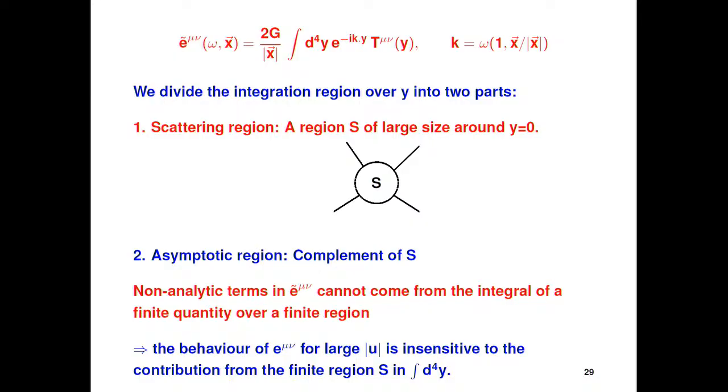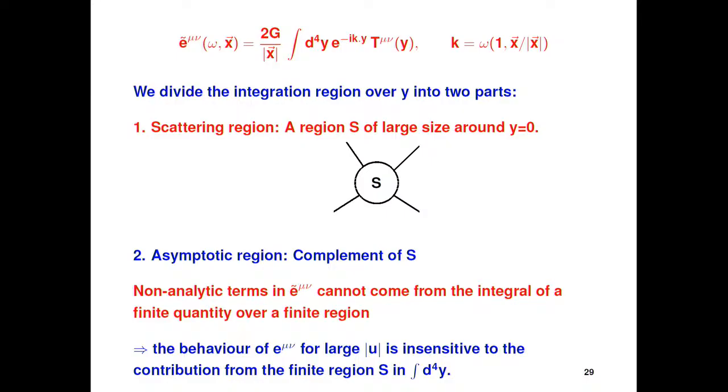Now, here is the key point that allows us to handle this problem. We are looking at this equation over here, and you have to evaluate this integral on the right hand side, and this integral runs over space and time, the whole space-time region, all space and all time. Now, we are going to divide the integration region over y into 2 parts. One we call the scattering region.